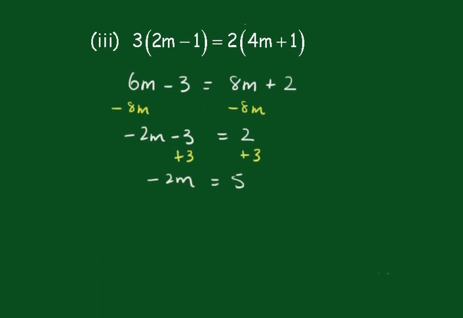And now divide both sides by -2, and that will give me just m on this side and minus 5 over 2, or if you like, minus 2.5 as your final result.